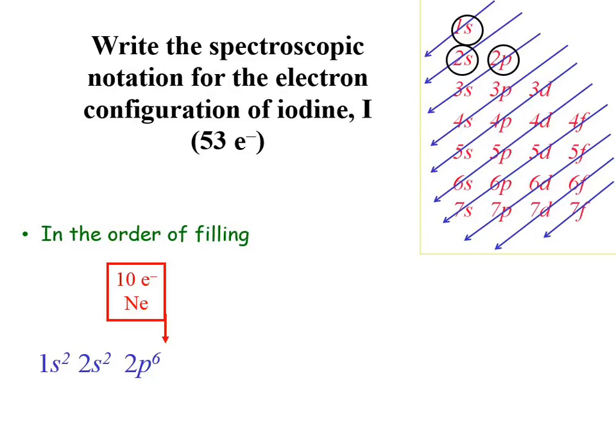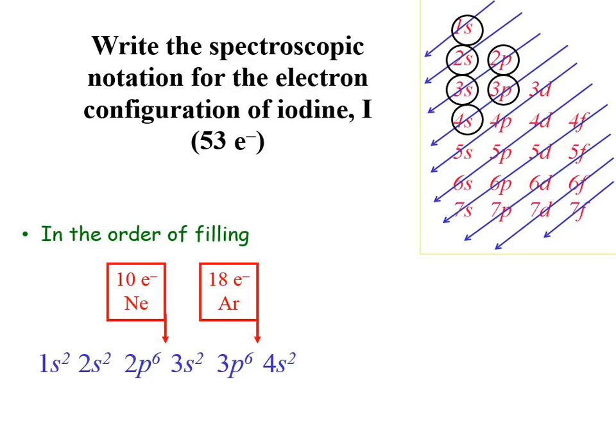Then it goes 3s2, 3p6, and we've reached argon. 18 electrons. After 3p6 on the arrow diagram, we said it goes to 4s2. Then we go to the next diagonal, 3d10, 4p6. And if you have a p6, you've reached another rare gas. This one's krypton.